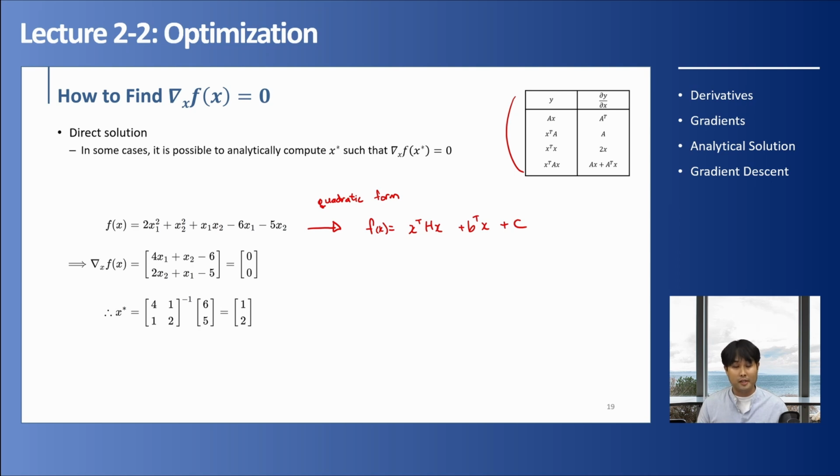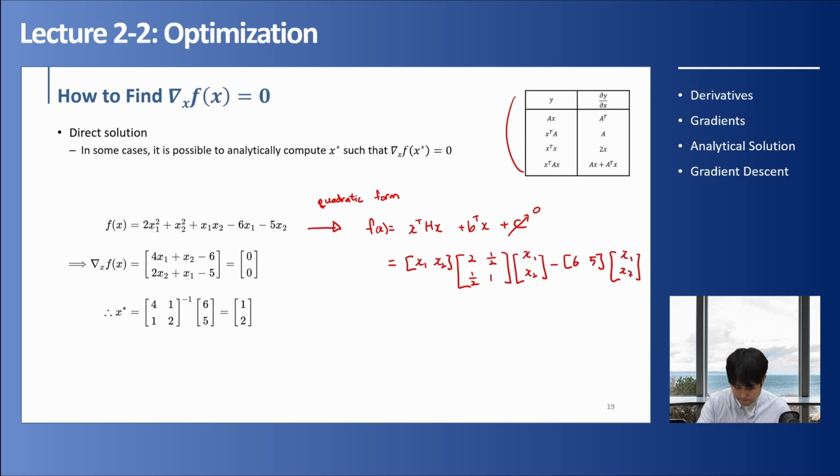Here, because we do not have any constant terms, the final term is equal to 0. And if we write out the rest, we have the following. And this becomes our H matrix, and this becomes our b transpose.